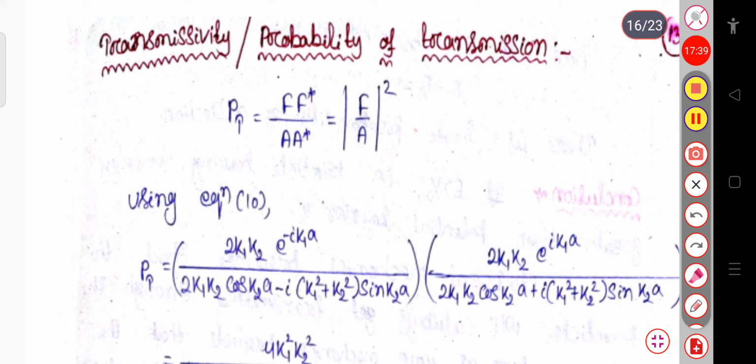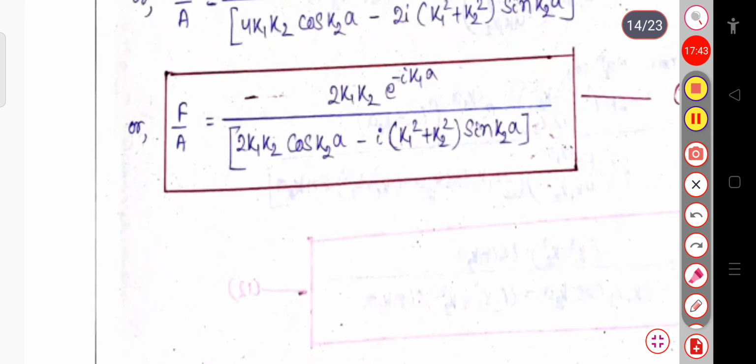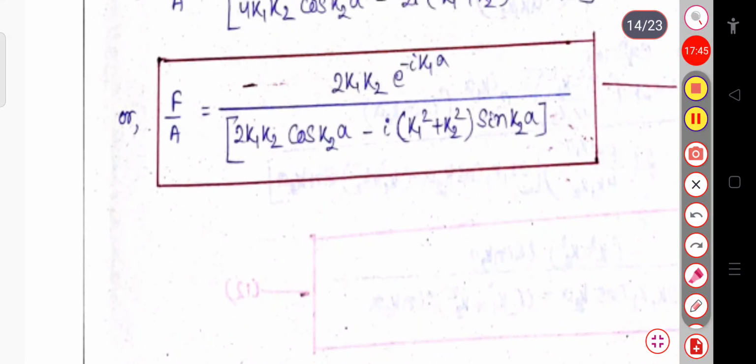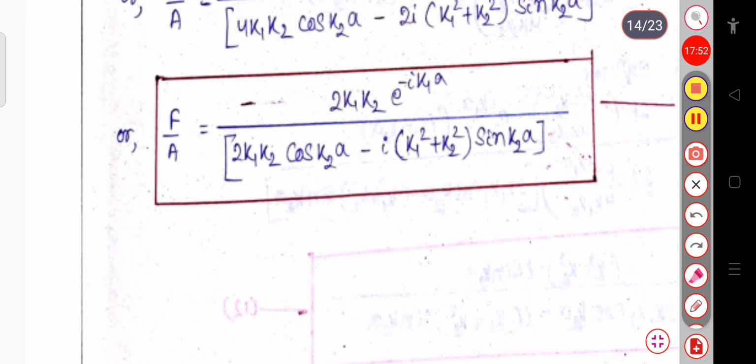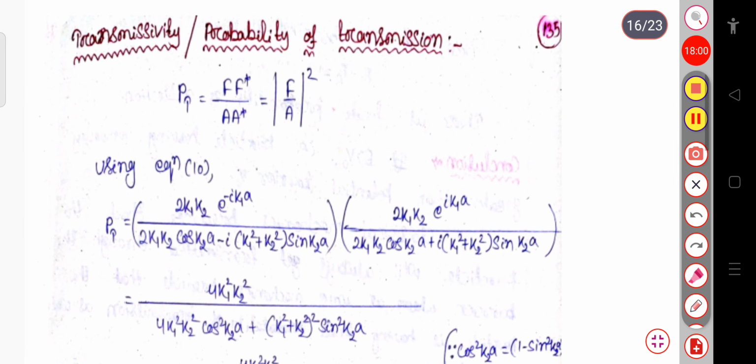Or this can be written as, if we take this F by A relation, you can see this is your F by A. So from this relation you can put F star by A star, that is F by A whole star, which means this sign will become positive, this plus iota, minus iota will be plus iota, and also in this relation you will put minus to be plus. So now you can see here this represents F by A and this one represents the F star by A star value.